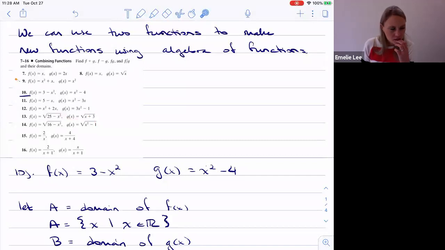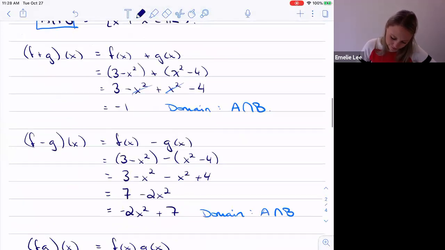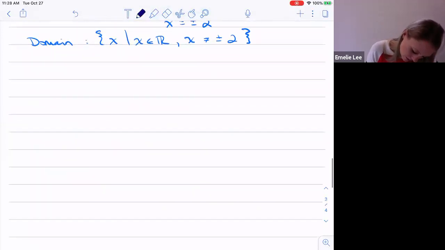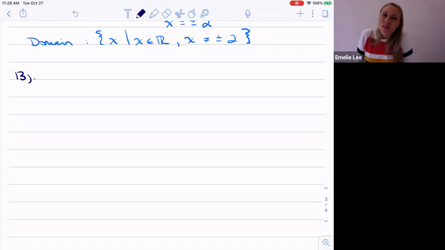Or maybe we should do 16. It's going to be harder. No, I like 13 because it's hard in its own way. Only because in 16 they have the same domain, so it's kind of boring. This one we have different domains.